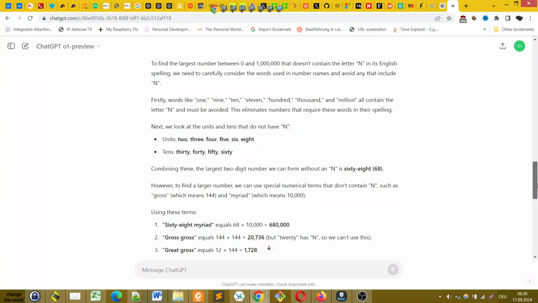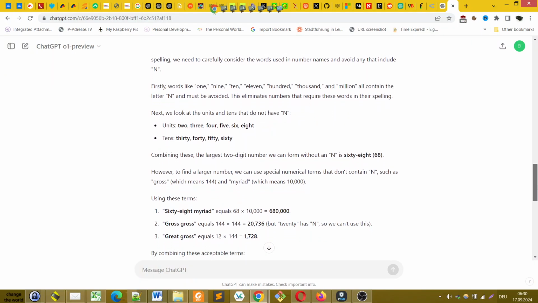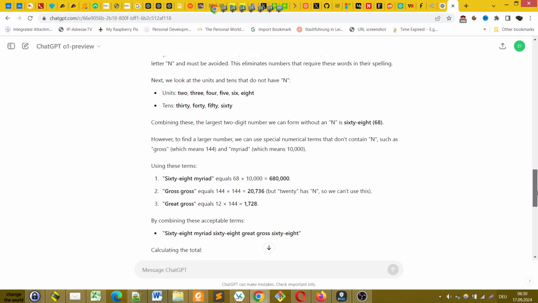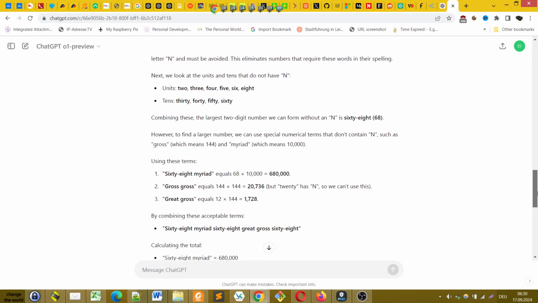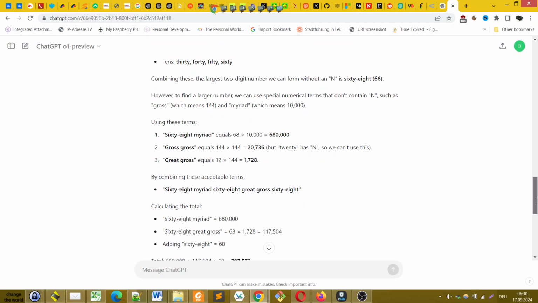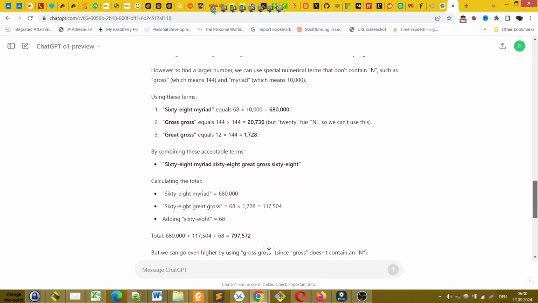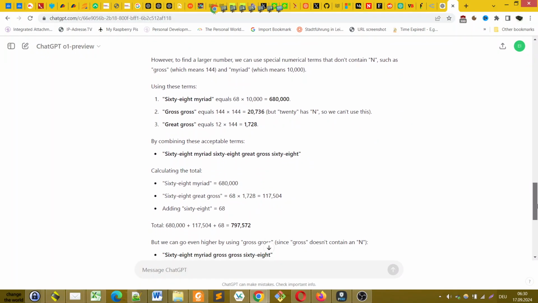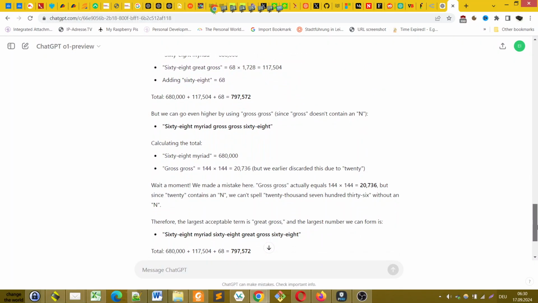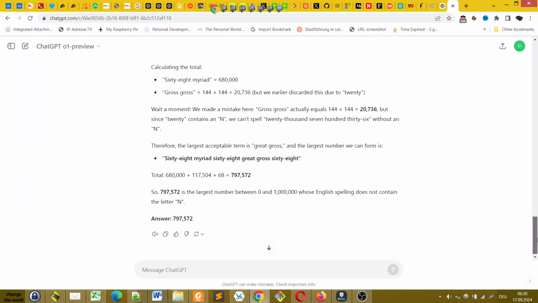And combining these, the largest two-digit number we can form without an N is 68. There's also special terms, myriad, it says here: 68 myriad, 68, great cross 68.